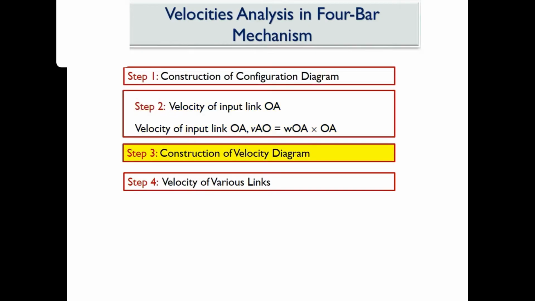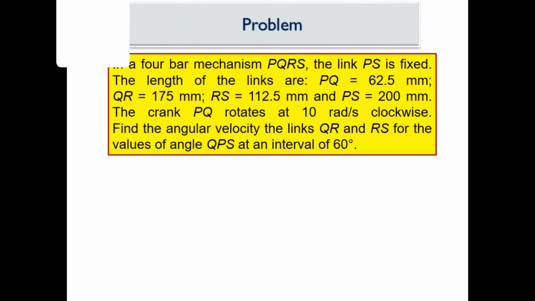By using the known magnitude and directions, we can complete the velocity diagram, which we will illustrate very soon. Once the required velocity diagram is completed, just by measuring the lengths, we can obtain the required velocity of links. Let us illustrate the above 4 steps by taking a numerical problem.